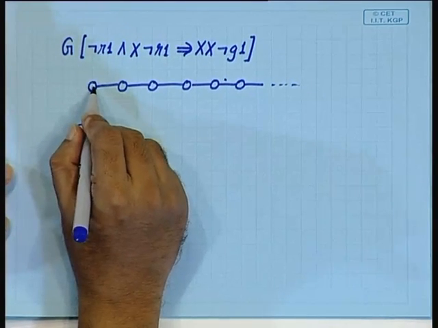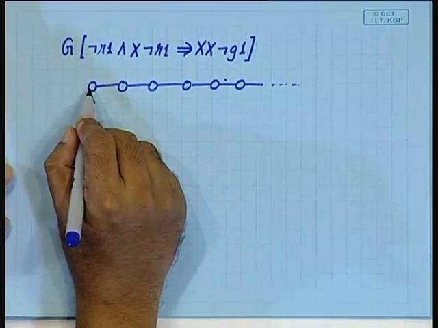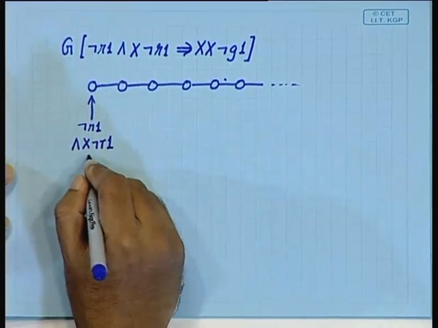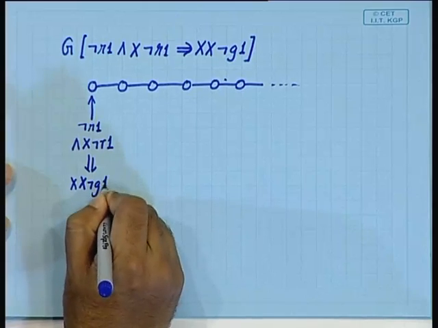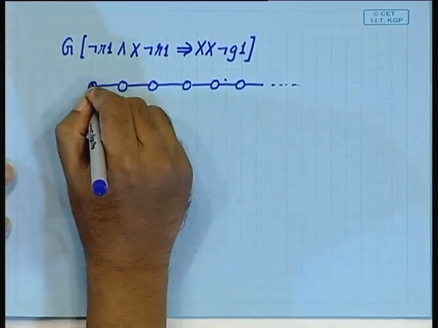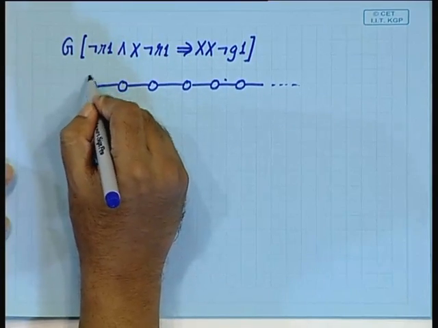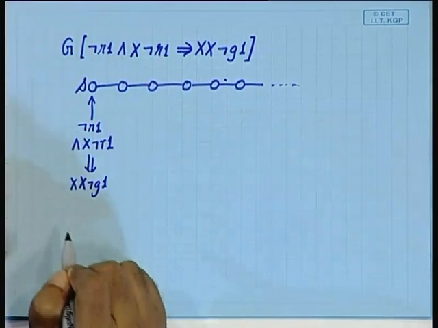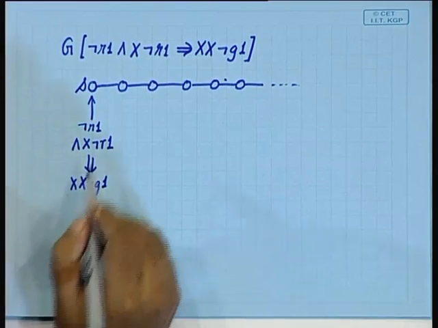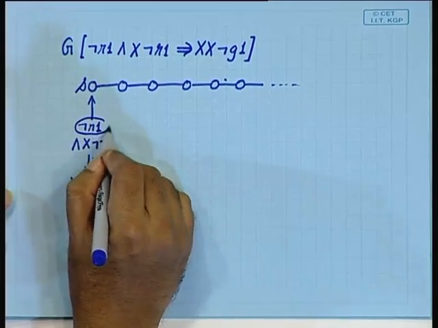We are talking about everything which holds here, right. Then XX not G1 must hold here. So, everything is with respect to this state, with respect to this state. Now, these are 3 independent properties.